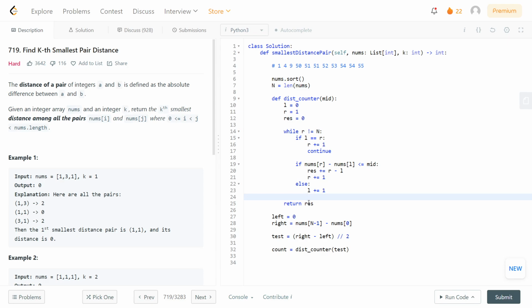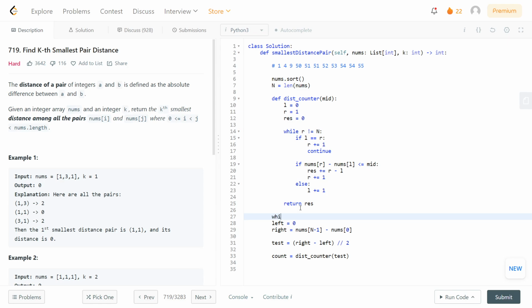So now I'm going to know how many pairs I have. And so I'm going to test. So while true at the moment, not here, but here.